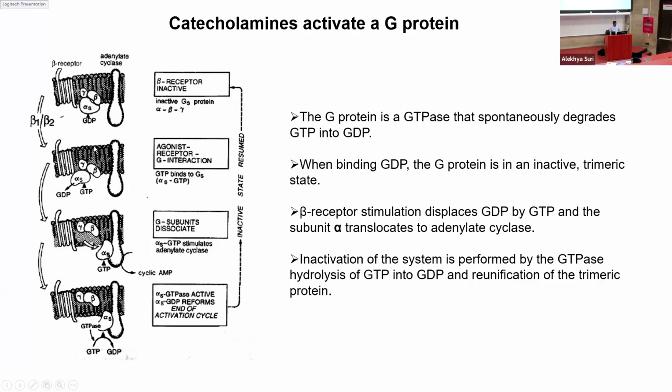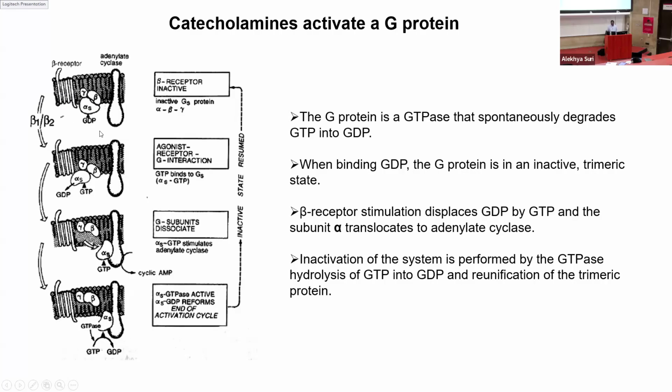And this G protein is a GTPase, meaning it hydrolyzes GTP molecules. This G protein has three subunits: alpha, gamma and beta. The one which is associated with the catecholamine is called the alpha stimulatory subunit, or alpha S. So you will see a stimulatory alpha subunit, a gamma subunit and a beta subunit.